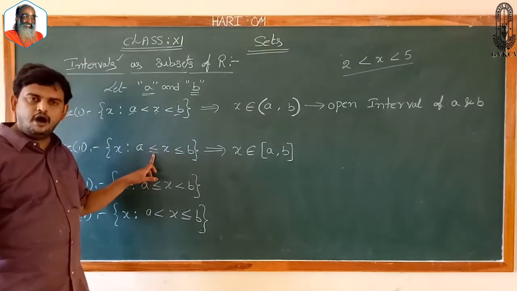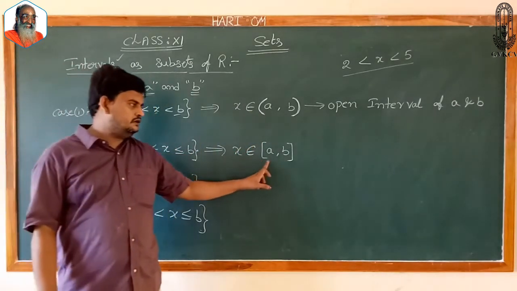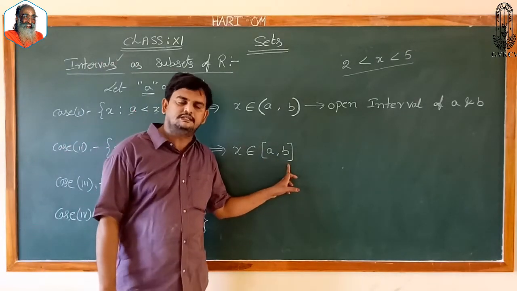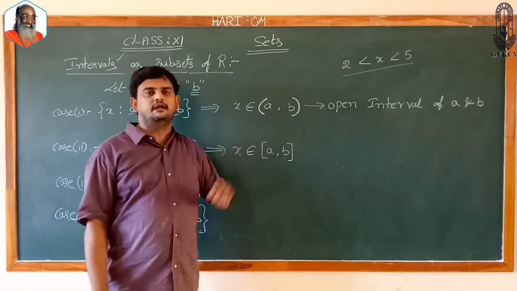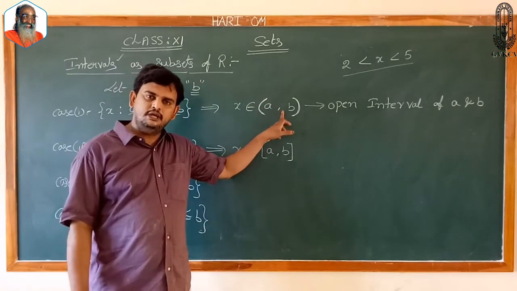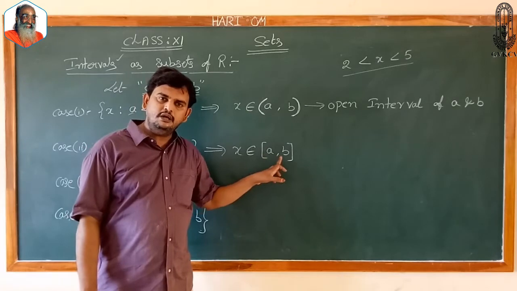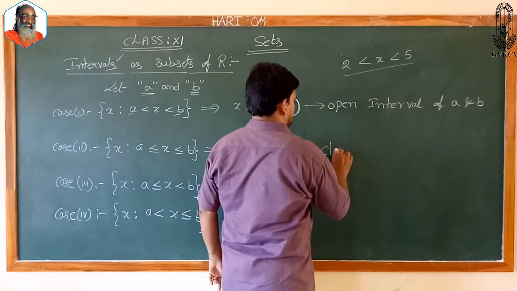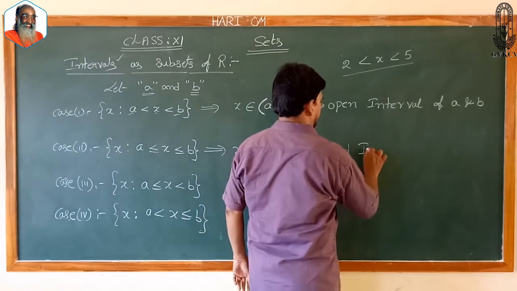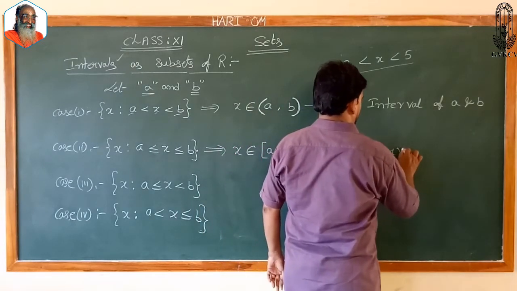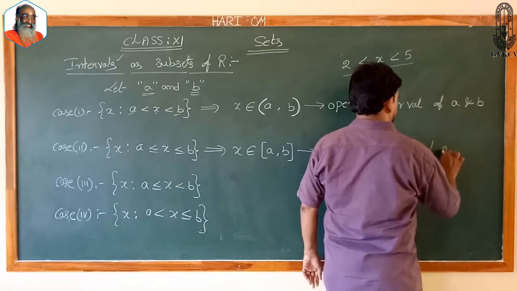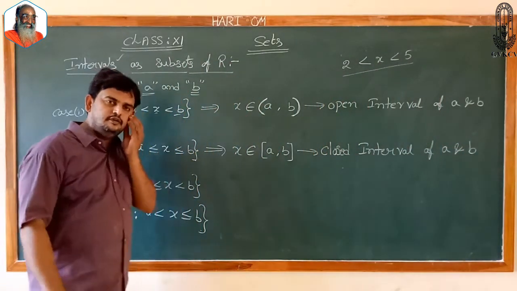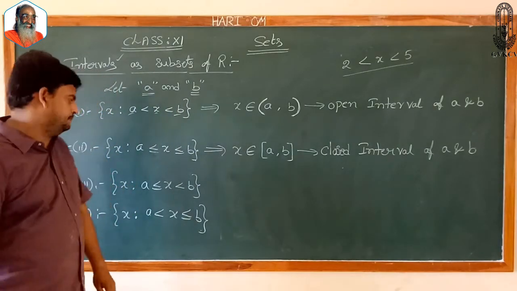Wherever we have less than or equal to, we are using square brackets. Here the square bracket gives us including a and b. Here excluding a and b. Here including a and b. These are nothing but called closed interval. Closed interval of a and b.